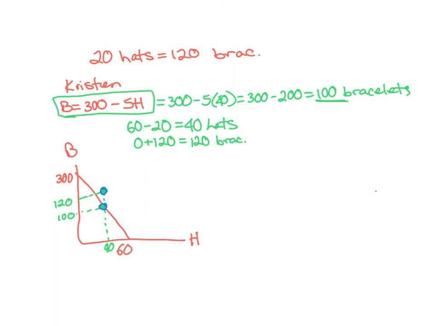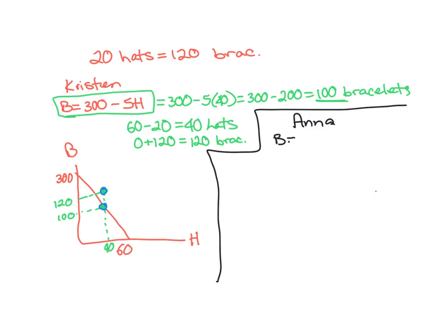Let's compare the outcome for Anna instead. So for Anna, her equation for her production possibility frontier was at most 280 bracelets she can make in 1 week. And then for every hat she produces, she gives up the opportunity to make 7 bracelets.